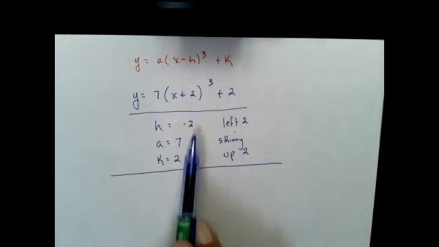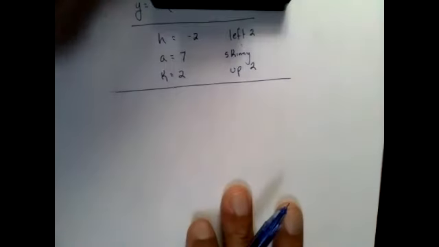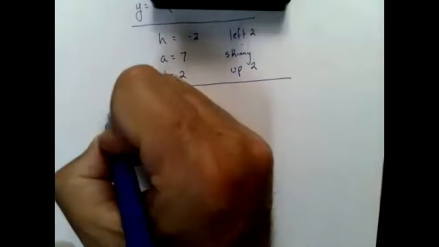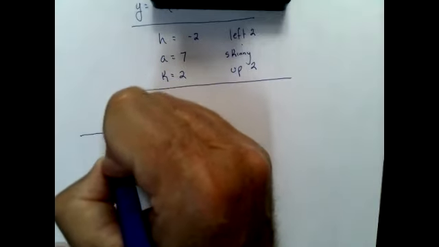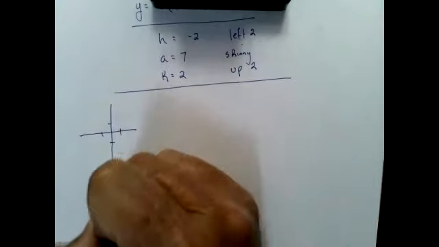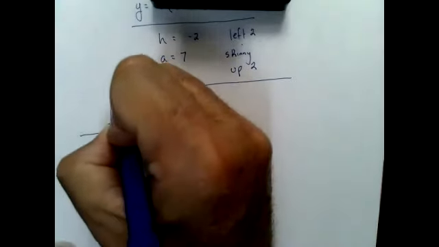So I have an H, I have an A, I have a K. I like to graph it. Y equals x cubed looks something like that.